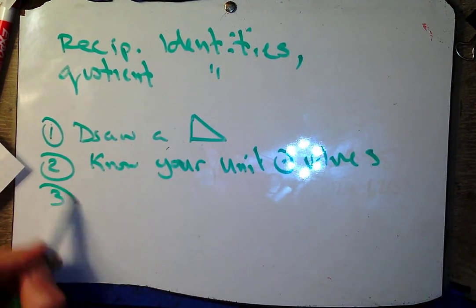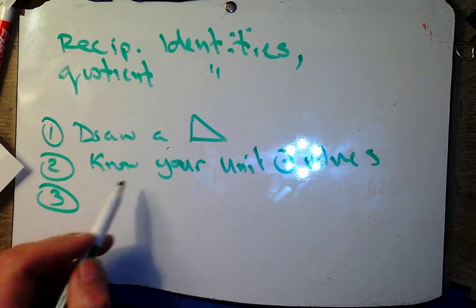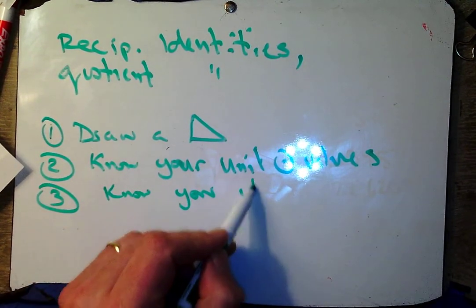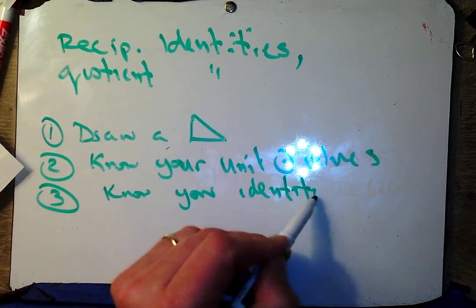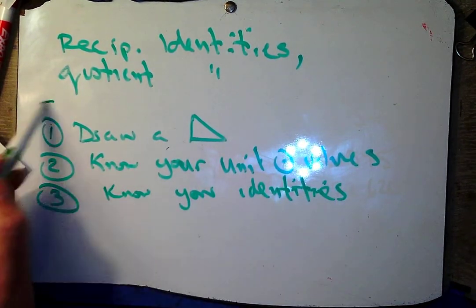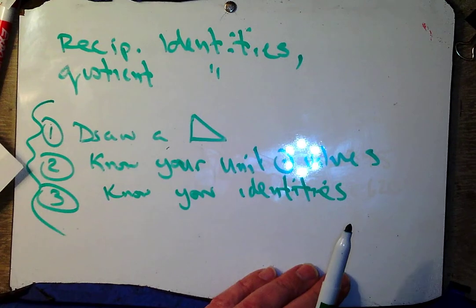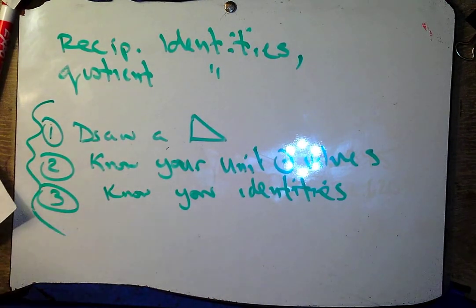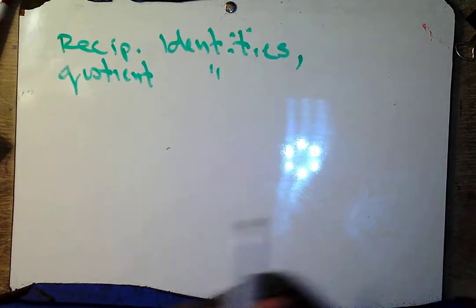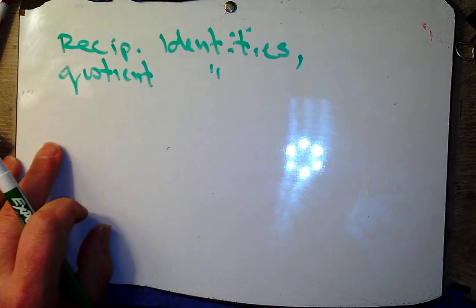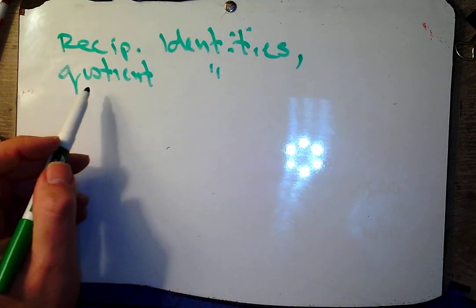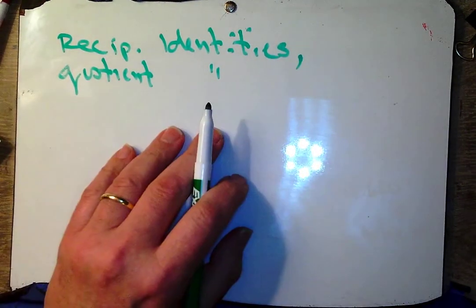And magic secret of trigonometry number 3, know your identities. These are the things that make trig much, much easier for people who don't know their unit circle values. This is a really, really, really tough thing, this trigonometry class. So please, take some time, use some flashcards, learn all these things.